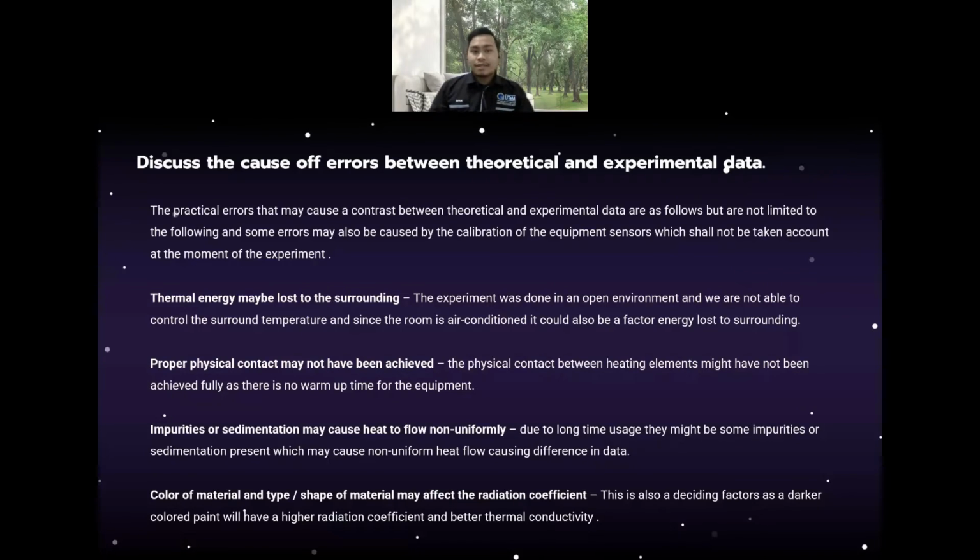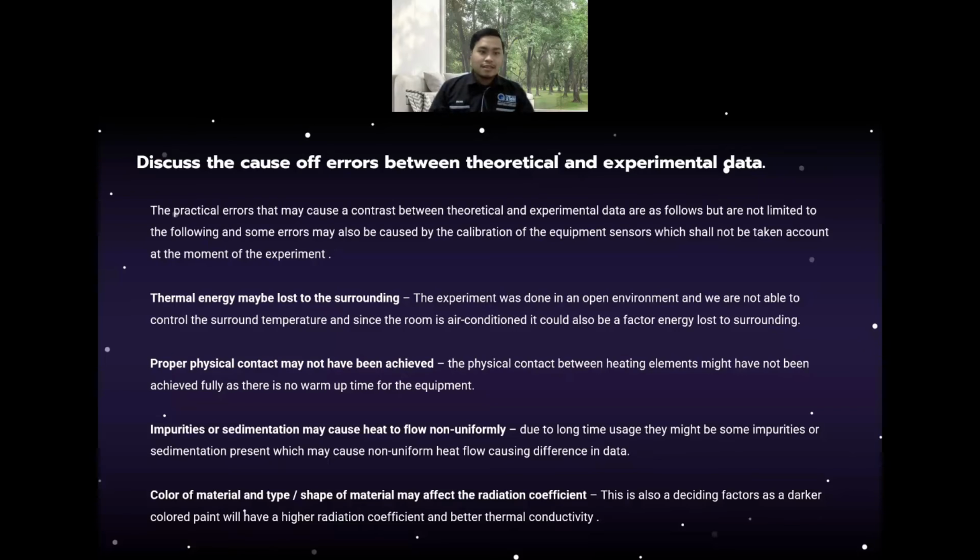So my part is to discuss the causes of error between the theoretical and experimental data. The practical errors that may cause a contrast between theoretical and experimental data are as follows, but are not limited to the following. Some error may also be caused by the calibration of the equipment sensor, which was not taken into account at the moment of the experiment.